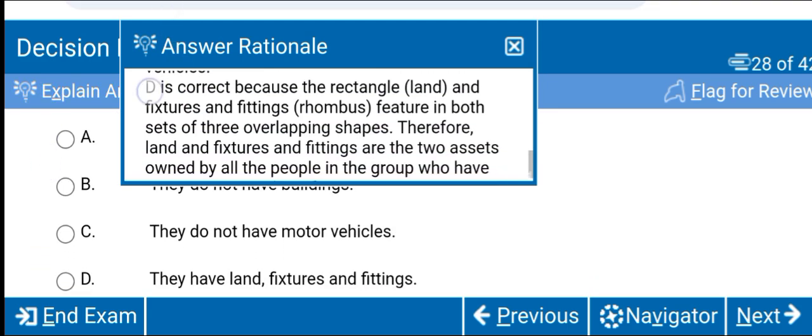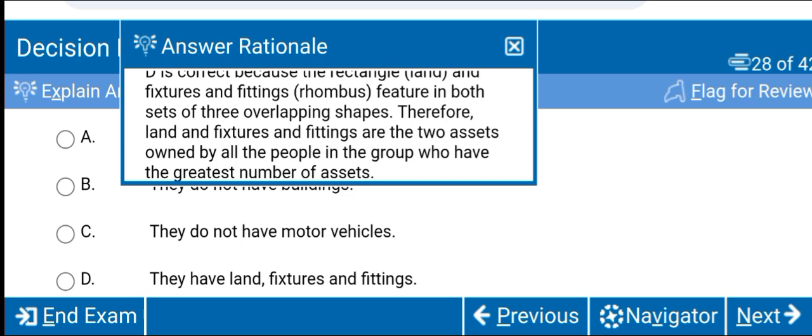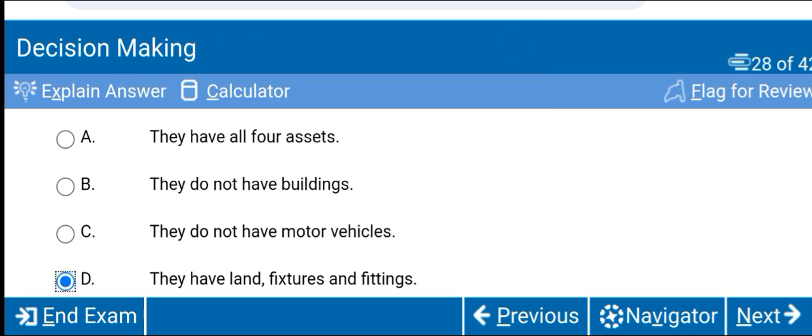And then we have option D. It is correct because the rectangle, that is land, and fixtures and fittings, that is rhombus, feature in both sets of 3 overlapping shapes. Therefore, land and fixtures and fittings are 2 assets owned by all the people in the group who have the greatest number of assets. So that's why we have the correct option is option D.